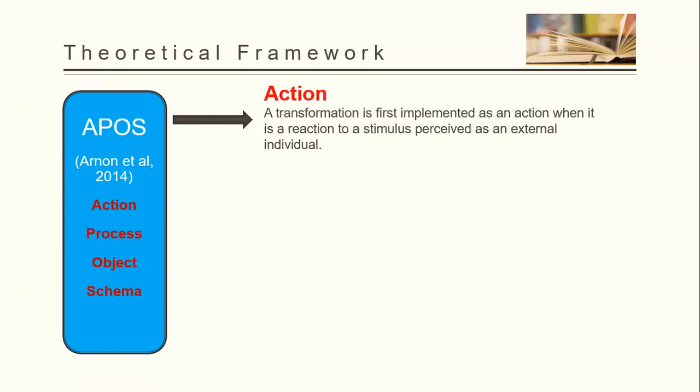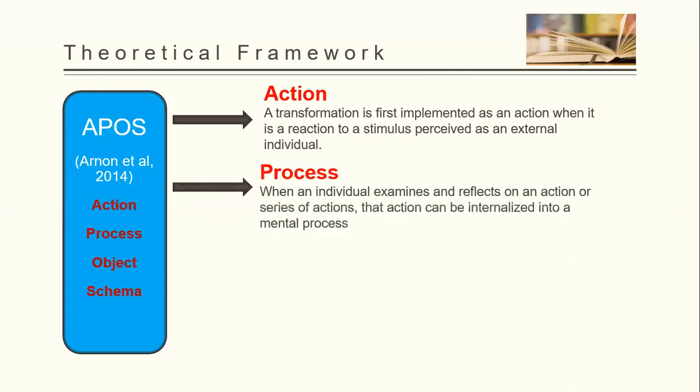The meaning of action is that a transformation is first implemented as an action when it is a reaction to a stimulus perceived as external by the individual. And process means that when an individual examines and reflects on an action or series of actions, that action can be internalized into a mental process.